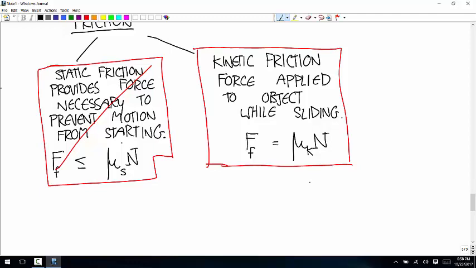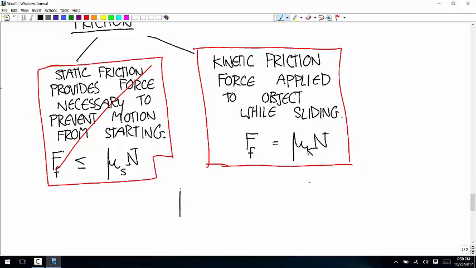You might think that if you look up the coefficient of friction for, I don't know what that is, steel, and for mica, you would get a single value that you could use in both of these. But in fact, this is always bigger than this one. Static friction can always, for any two materials, produce a bigger force than kinetic friction does.